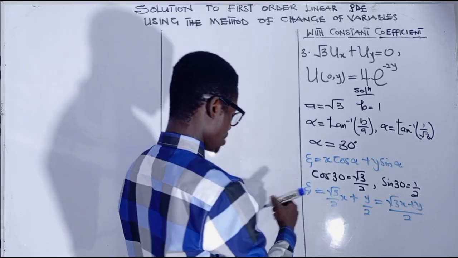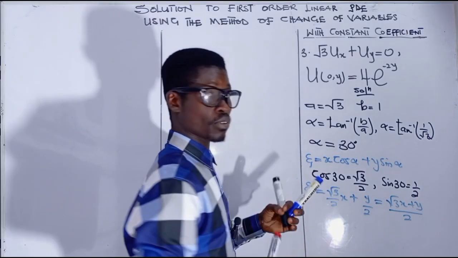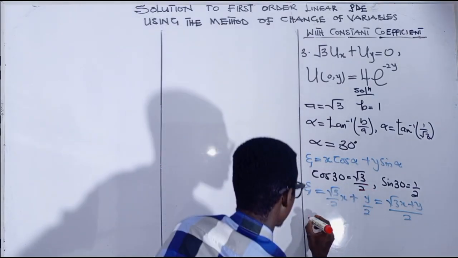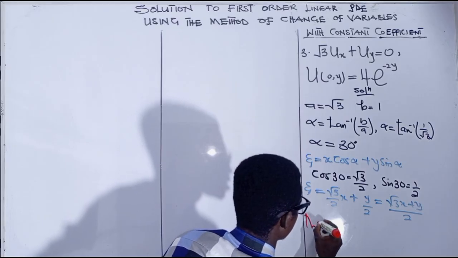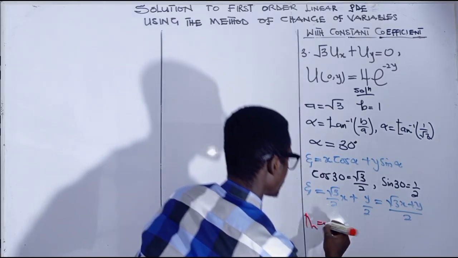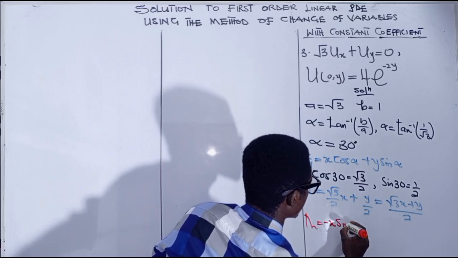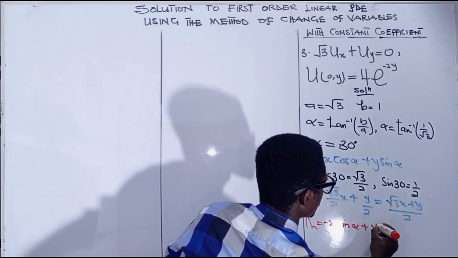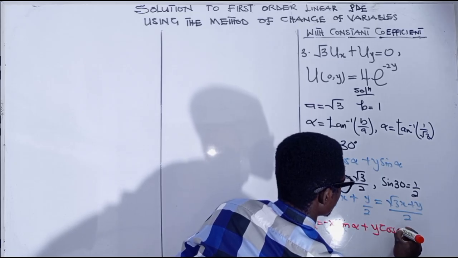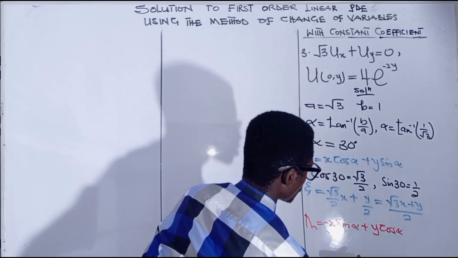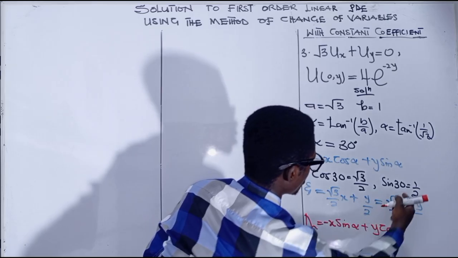Very, very easy. Now let's move on to the expression for what? Eta. So we have eta. So with the eta, it is also given as what? Minus x sin alpha plus y cos what? Alpha. So from here, our sin alpha is what? 1 over 2.